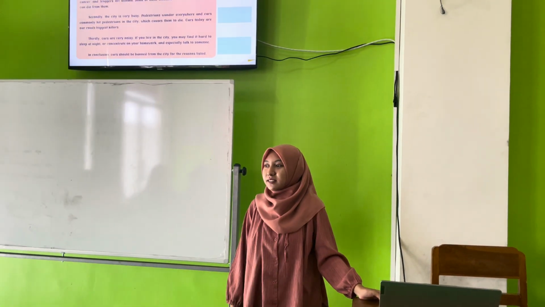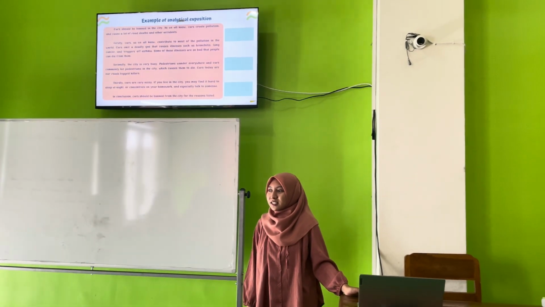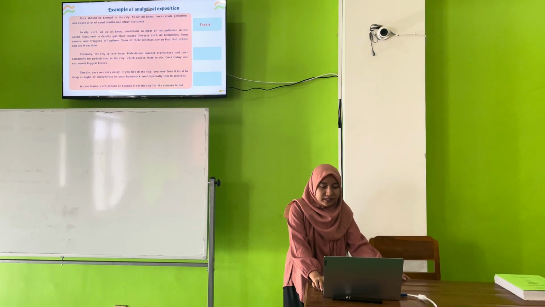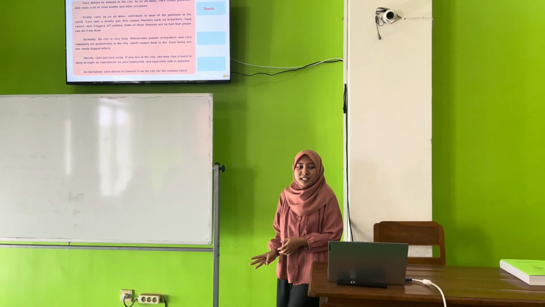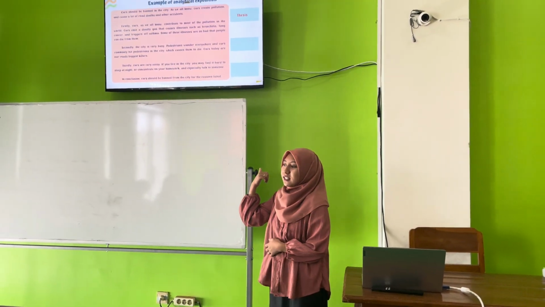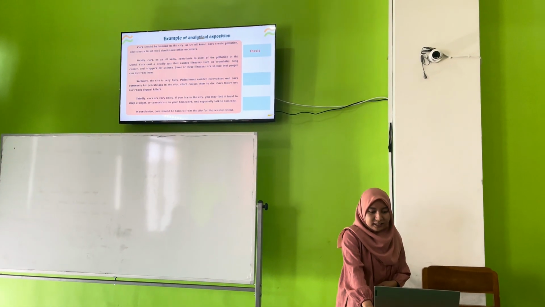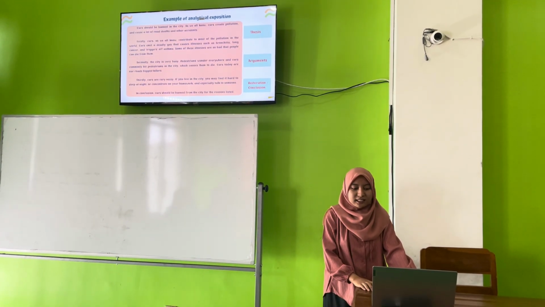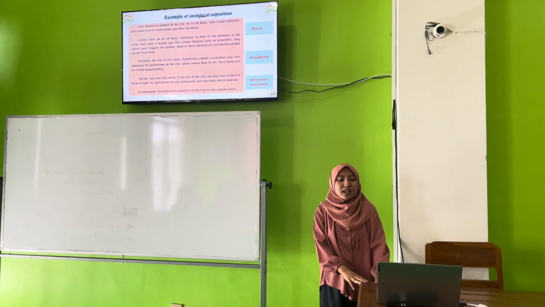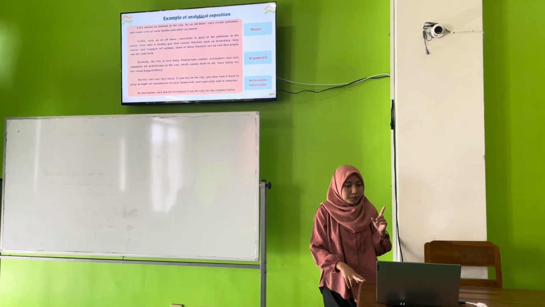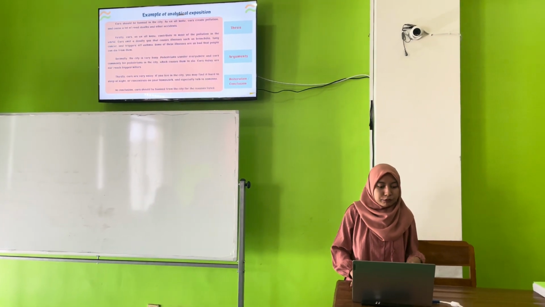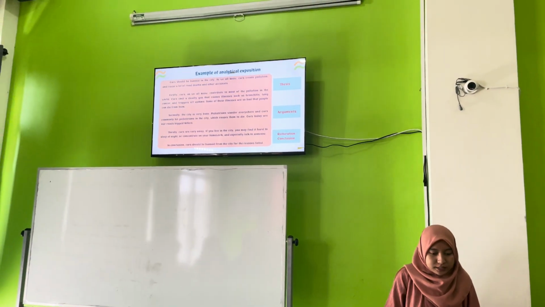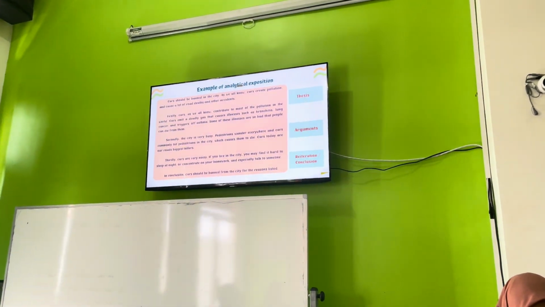Okay, is everyone finished? Yes. Okay, we will discuss together. There are 3 generic structures of this text. The first is thesis, and then the second is argument, and then the third is reiteration or conclusion. Please see the first paragraph: cars should be banned in the city. As we all know, cars create pollution and cause a lot of deaths and other accidents.